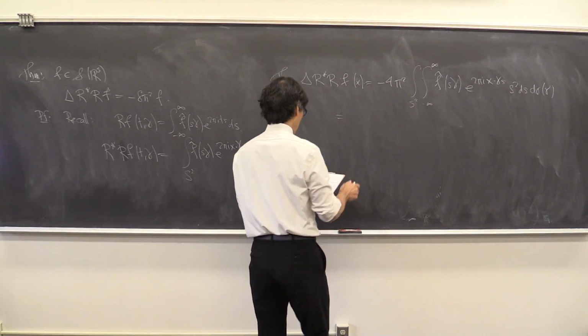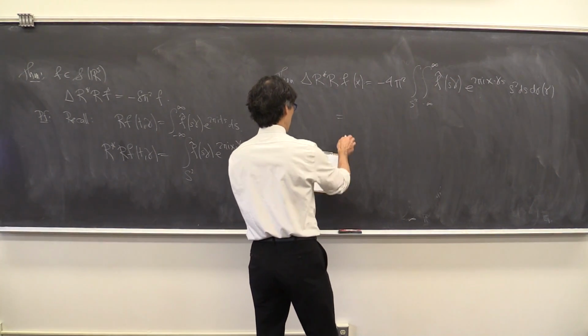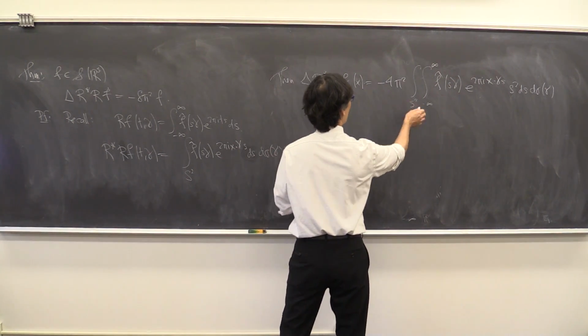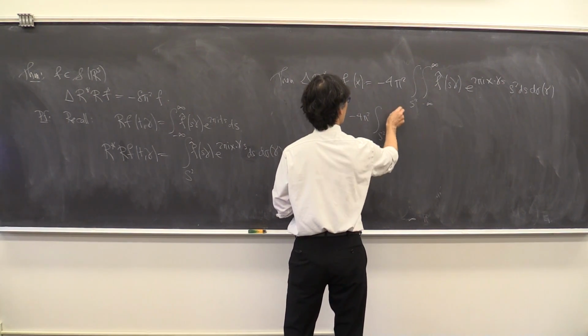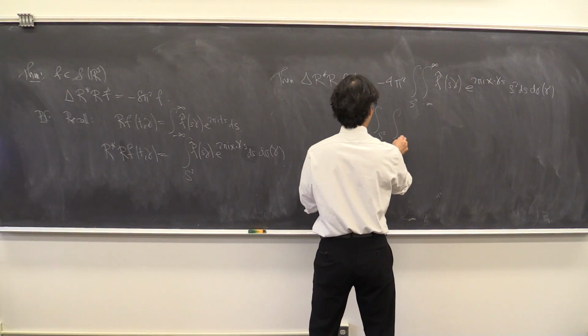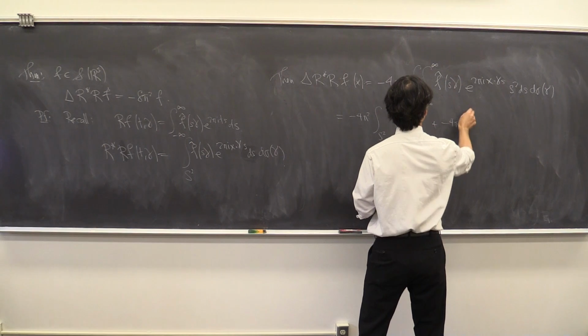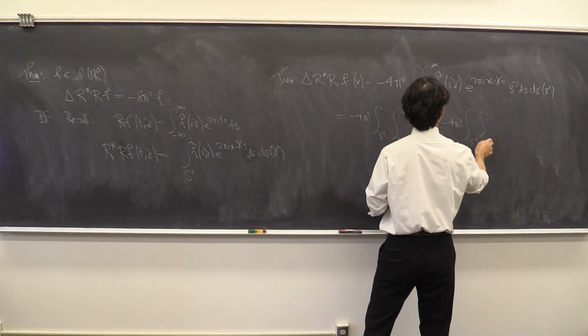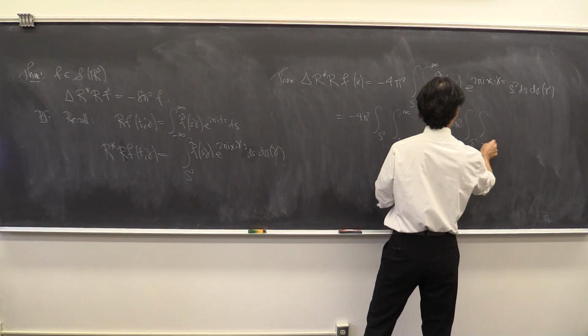Okay, and then it's again a calculation. We split this into two parts, the integral from 0 to infinity plus the integral from negative infinity to 0.